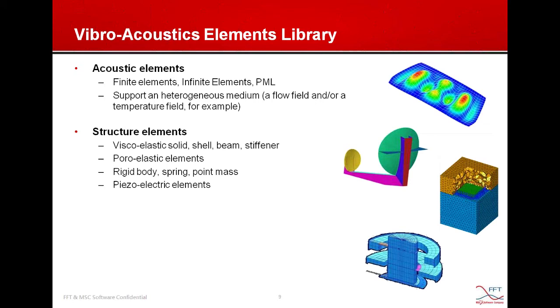And on structure elements, first we have the thin shell with 2D elements, and the solid shell with volume elements, and we have beam element, stiffener element, porous element or rigid body, spring element, point mass, that are quite complete in the structure element library.